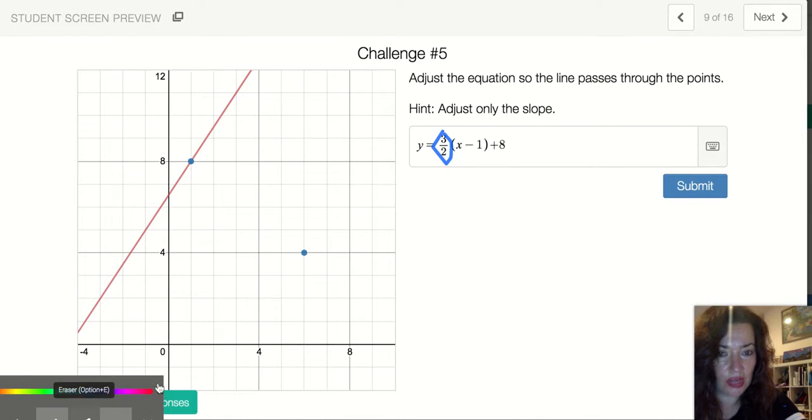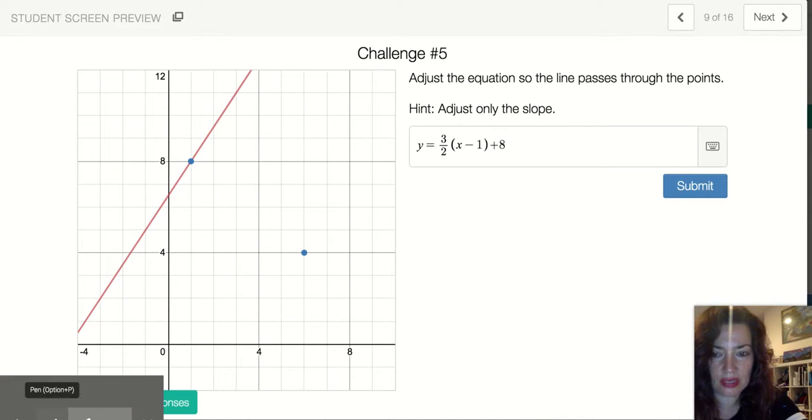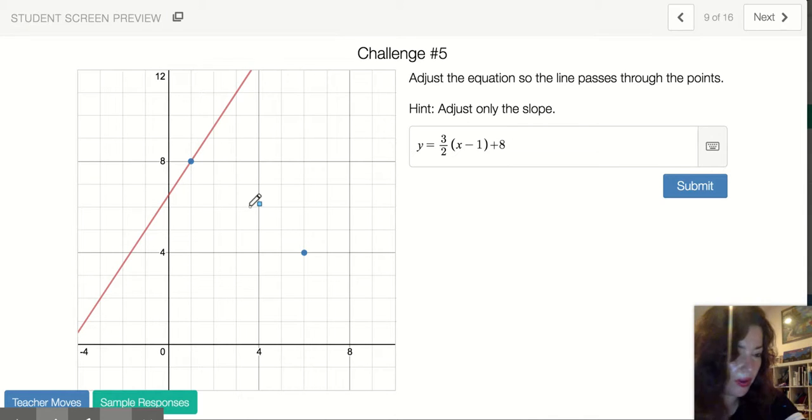So how should we change this number? Let me erase that, so that the graph will go through these 2 points. Now you can see that for me to go through these 2 points, that looks like it's going to be a negative slope. I can draw the slope and go down 1, 2, 3, 4, and then I will go right 1, 2, 3, 4, 5.